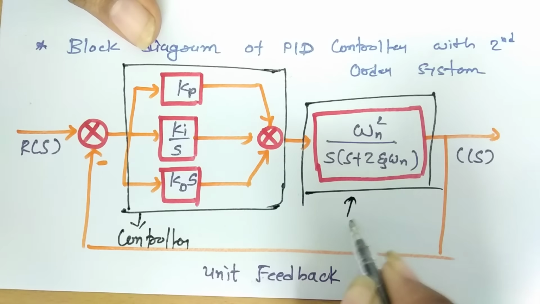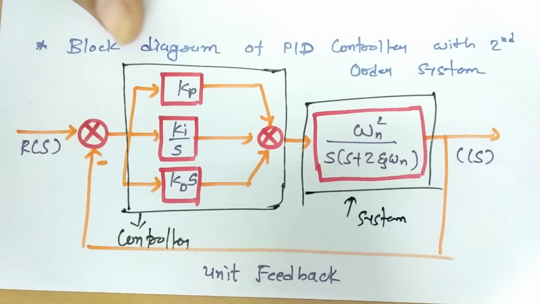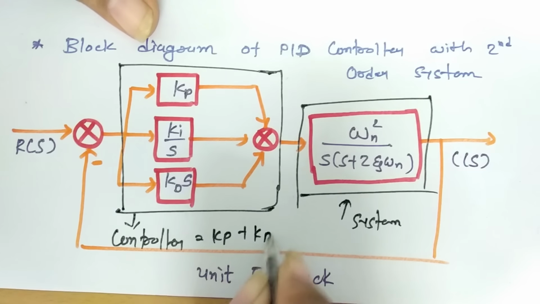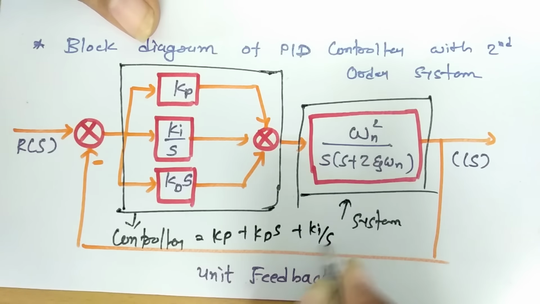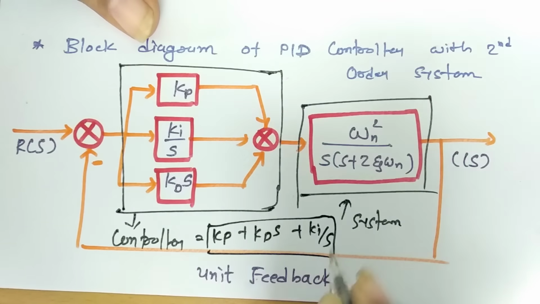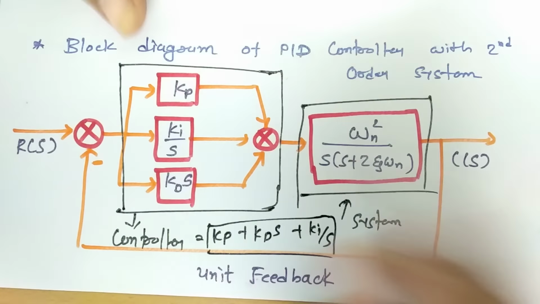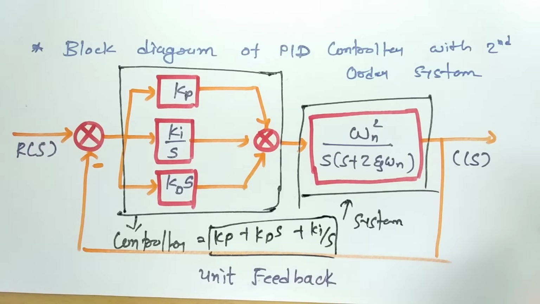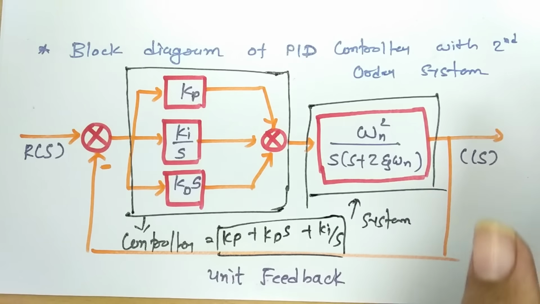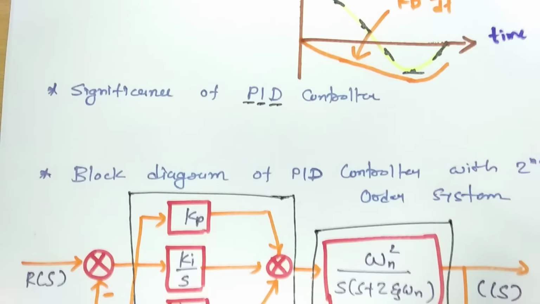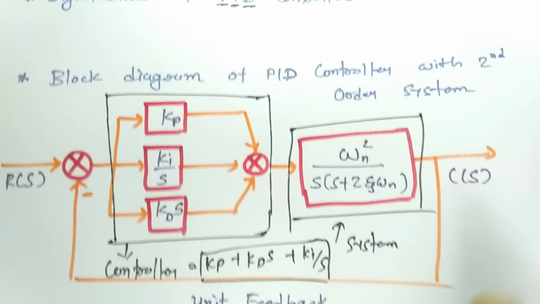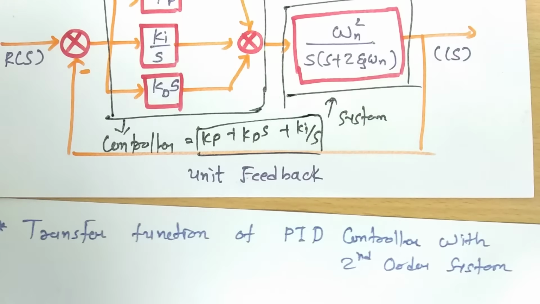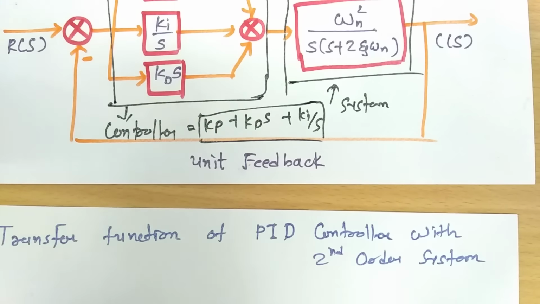The controller block is Kp plus Kd S plus Ki by S, and it is multiplied with the system block, which is G(S), and H(S) is the unity feedback, which is 1, as a negative feedback. Based on this system we will derive the transfer function. So let us derive the transfer function of the PID controller with a second order system.